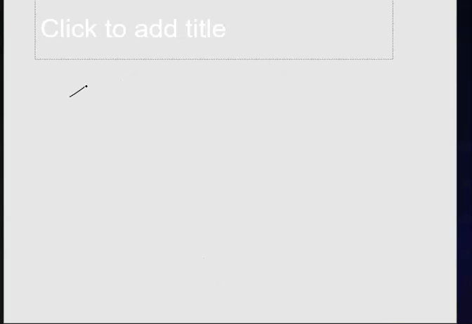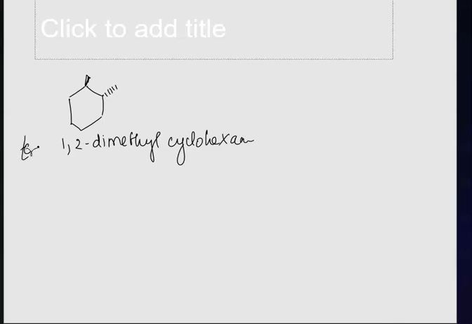So in a trans conformer, the two methyl groups, one would be up and the other will be down. Okay, and this is again 1,2 dimethyl cyclohexane. Right? And this is particularly the trans conformer, as we did in the previous slide.